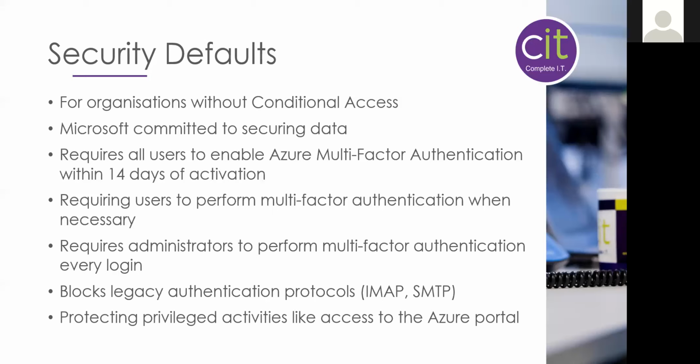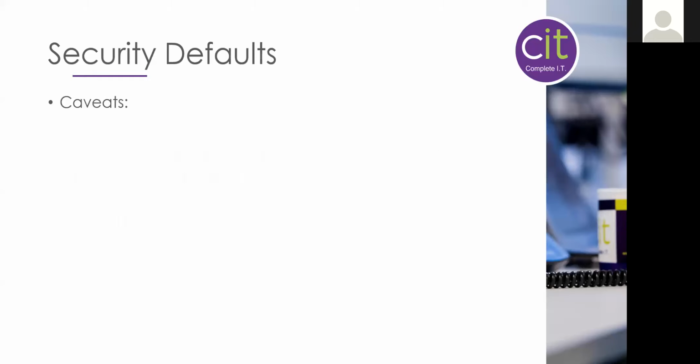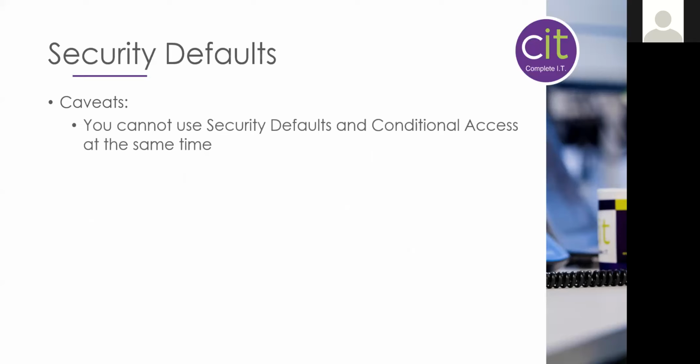Now, as you can imagine, with that being free of charge and included, there are some caveats. You can't use security defaults and conditional access at the same time. It's one or the other. So if you decide to go for security defaults now, because you don't want to subscribe to one of the paid plans to get conditional access, you would have to turn off security defaults and then build the same policies yourself in conditional access.